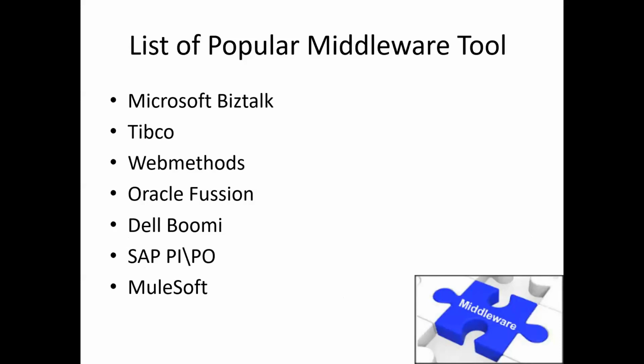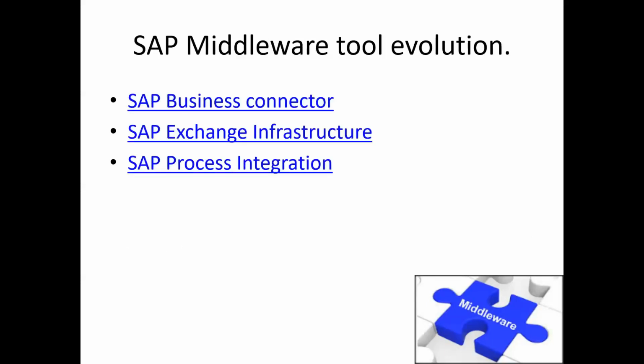Now we have just scratched the surface of what we will be learning. Not even scratched the surface, we have just started. So I told you that SAP started way back in 1996, in collaboration with webMethods, to have a tool called Business Connector.